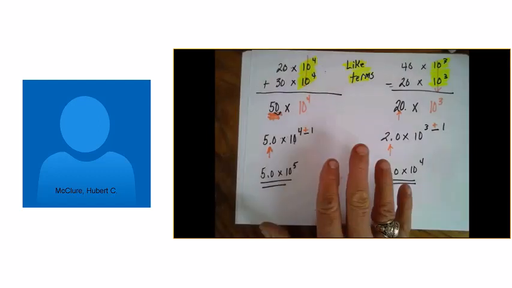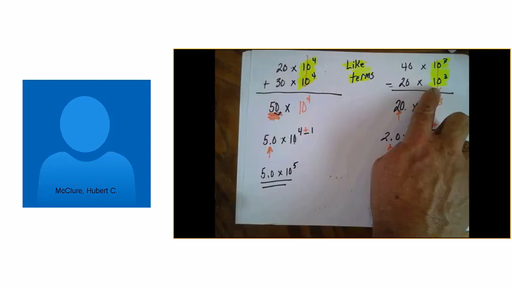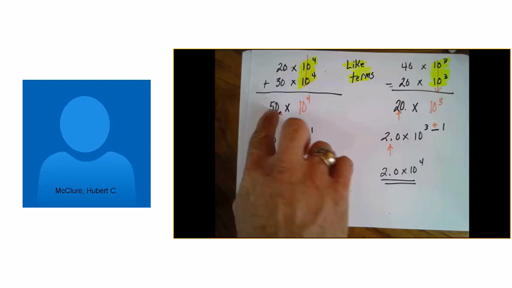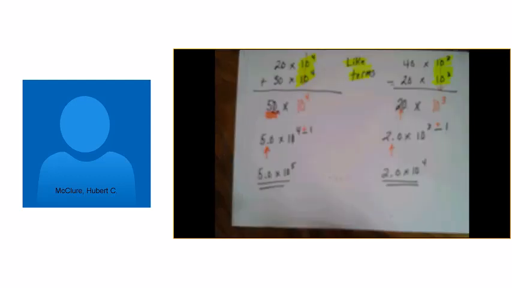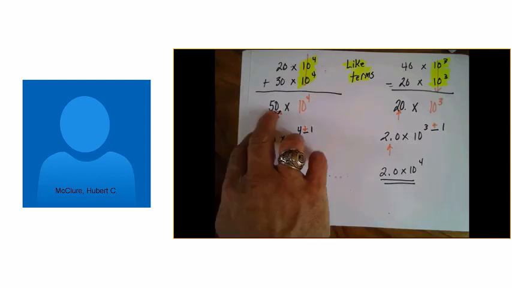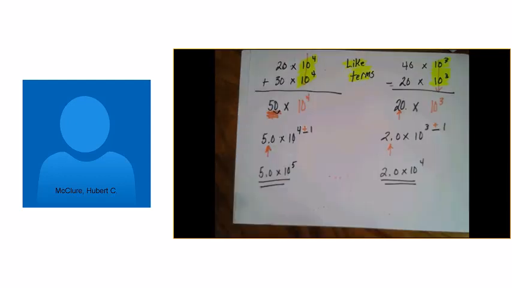So when you're doing these and you have like terms, all you have to do is just bring it down. Now, sometimes that 50 won't be 50. It'll be 5.0 and you don't have to do anything. But sometimes you may come out with a double digit or a triple digit number there. And if you do, then you've got to move the decimal.